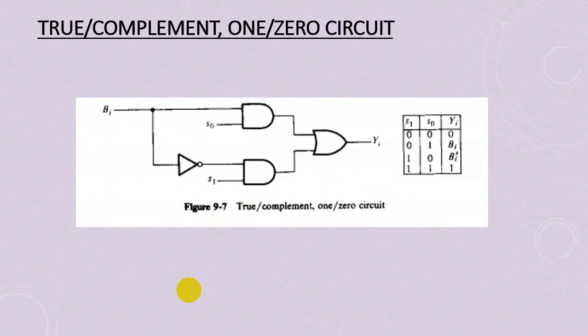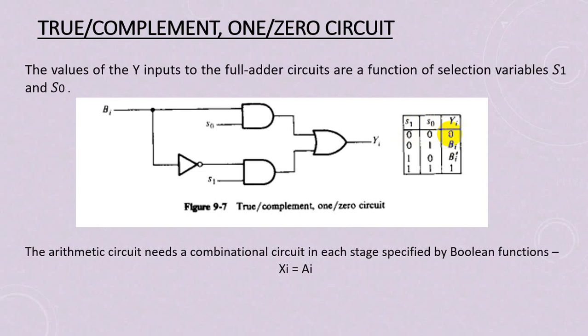If we summarize this, this is our truth table. If we solve it, we get an equation like this: Y equals B S0 plus B bar S1.